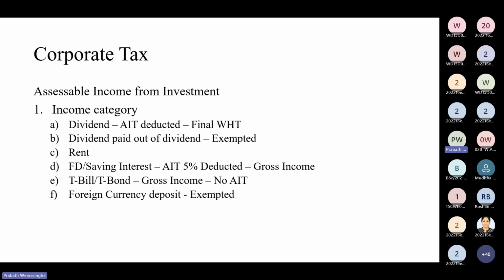Could be rent, FD or savings interest on accounts maintained in LKR, which is subject to AIT at 5%, and the gross amount needs to be considered for the assessable income. That 5% withholding tax we can claim as a tax credit. In case of rent, the withholding tax or advance income tax rate is 10%.